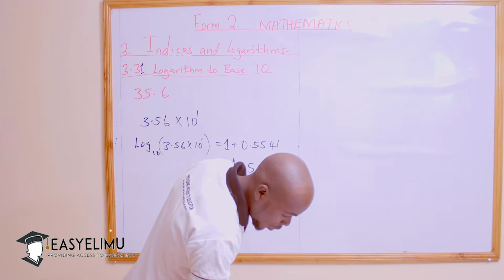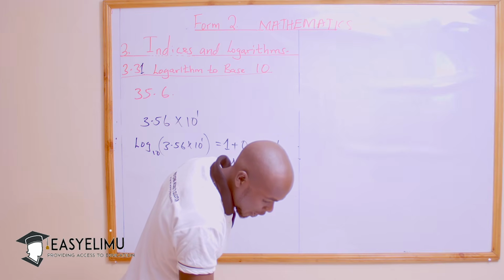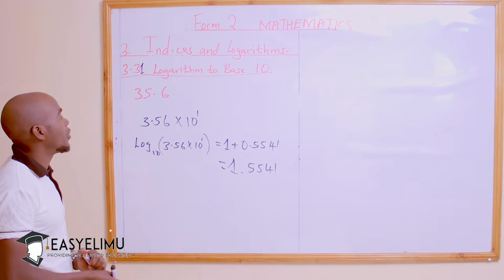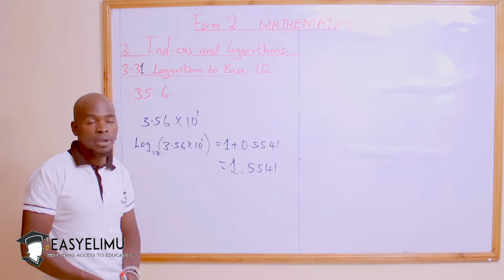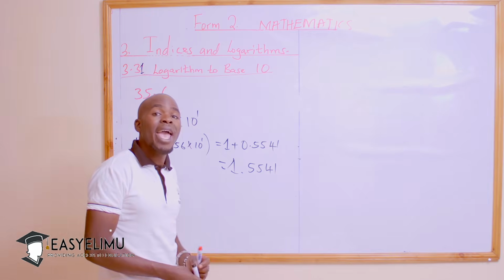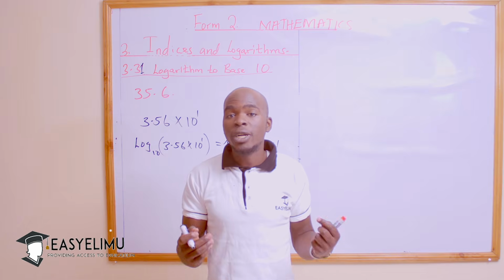That is what we found when we used the row of 3.5 and the column of 6. So that's what we find if we work out logarithm of 35.6 to the base of 10 with the help of mathematical table. The same applies to any kind of logarithm that lies between the multiples of 10.